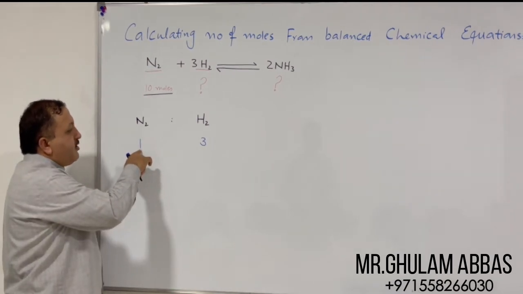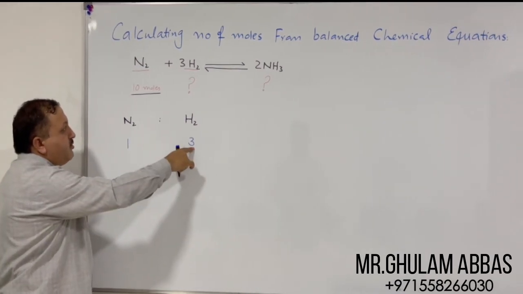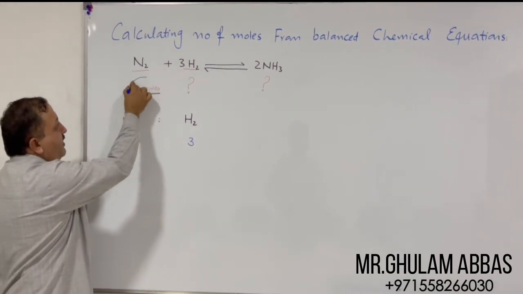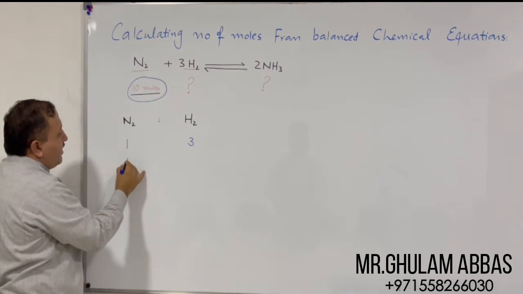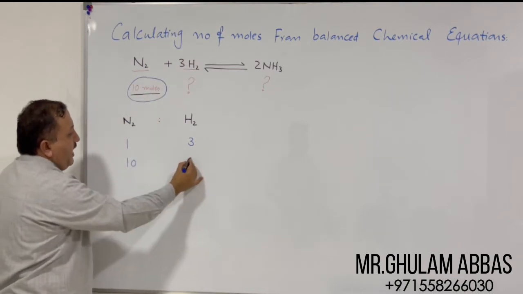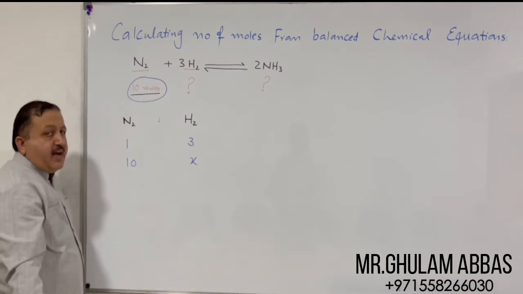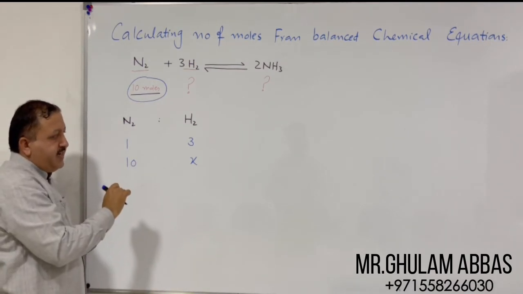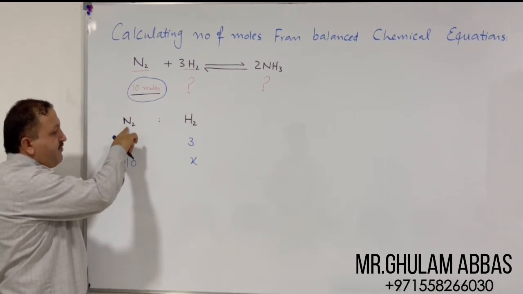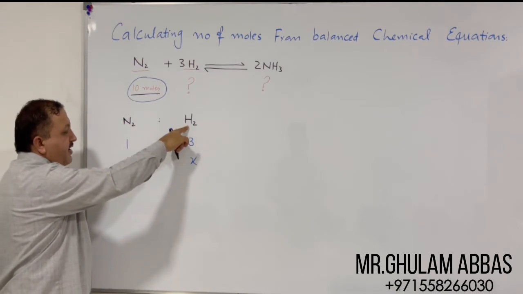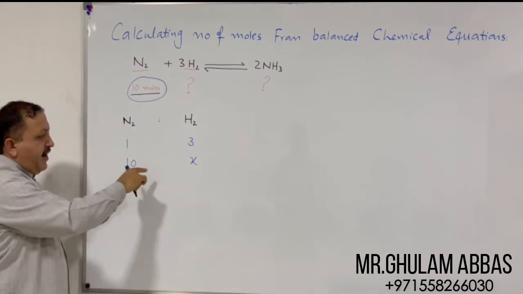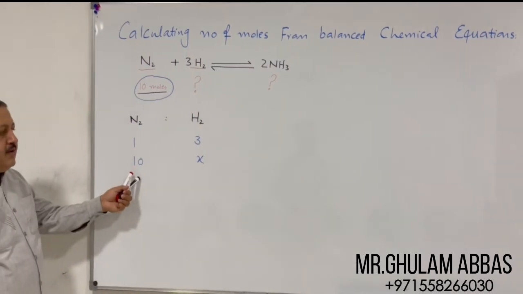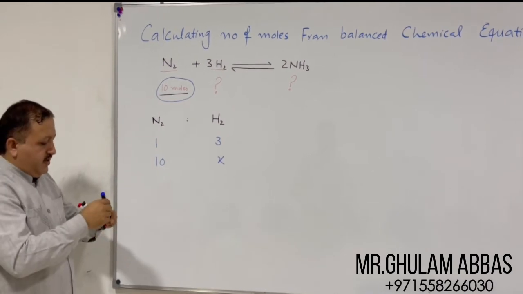So 1 mole of nitrogen will produce 3 moles of hydrogen, and in our numerical, 10 moles of nitrogen are given, and I want to calculate the number of moles of hydrogen. So I will use the comparison method. Nitrogen on left hand side, hydrogen on right hand side, and after this we can easily solve by cross multiplication.